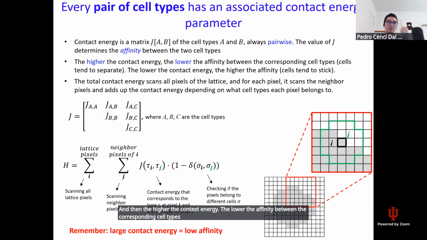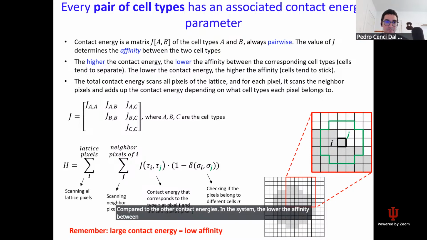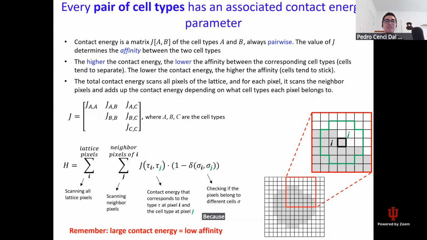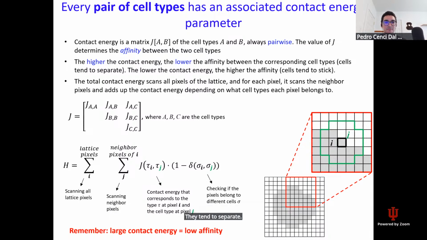So if I have cell type A and cell type B and a high contact energy between them compared to the other contact energies in the system, the lower the affinity between these two cell types because they are trying to minimize energy. So if you set a high energy between two cell types, they tend to separate.